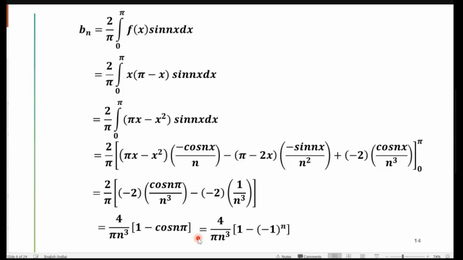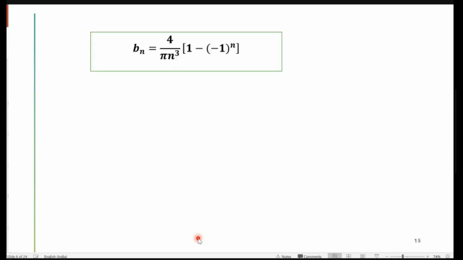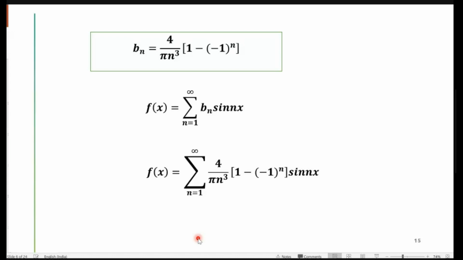We have to check whether the bn we have got is true for all the values of n. So here it is true for all the values of n. We can directly substitute. Substitute here.